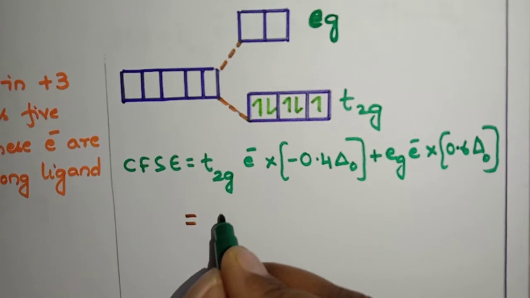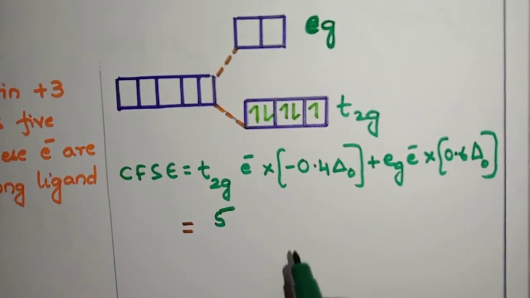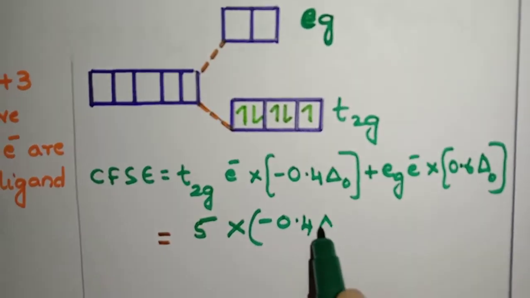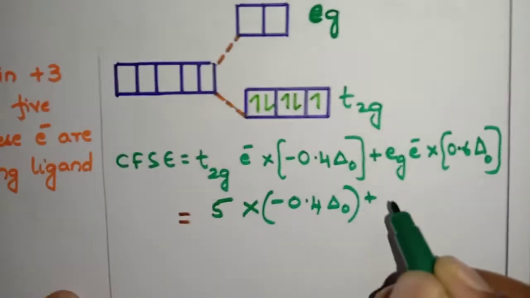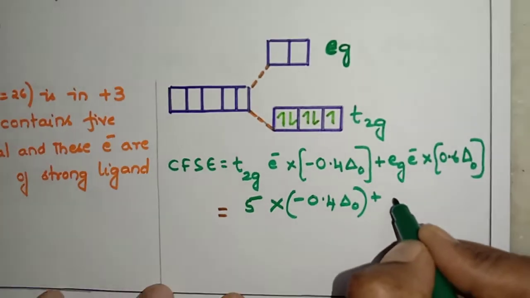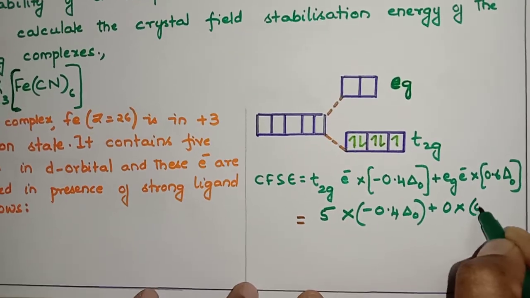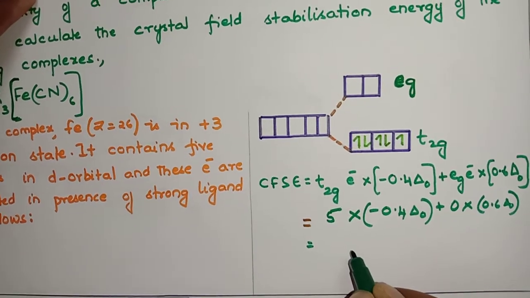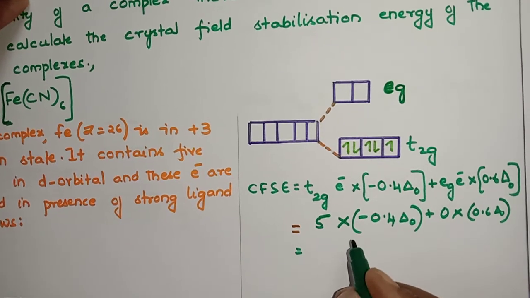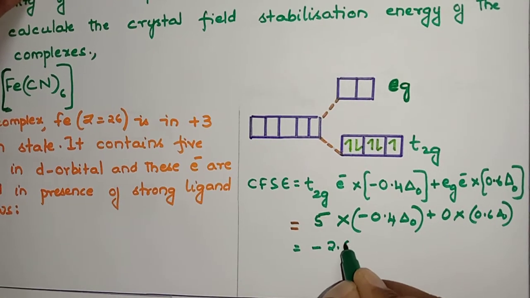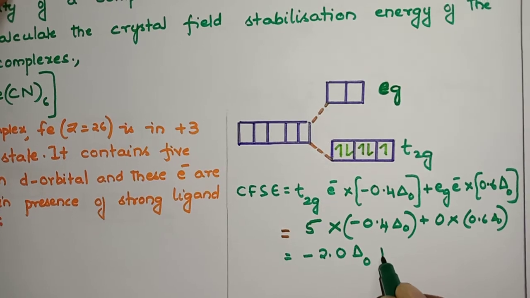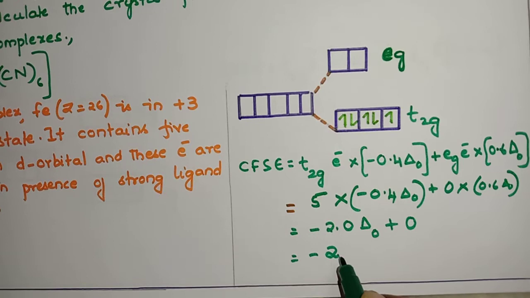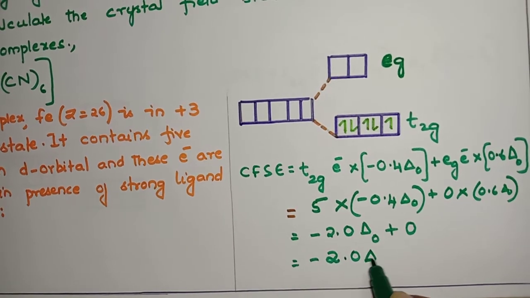So 5 electrons in t2g into −0.4 delta O, plus 0 electrons in eg into 0.6 delta O. This becomes 5 into 0.4, which is 2.0, so −2.0 delta O plus 0, equal to −2.0 delta O units.